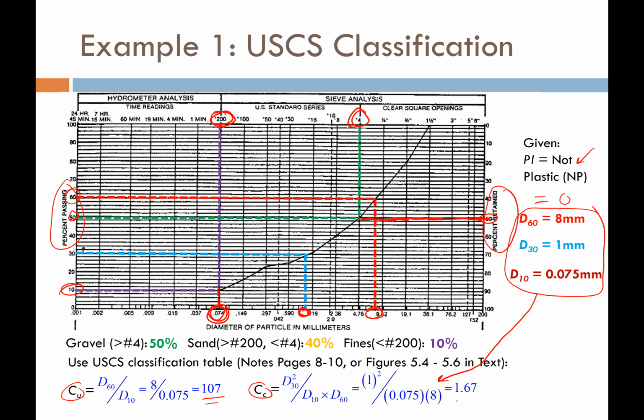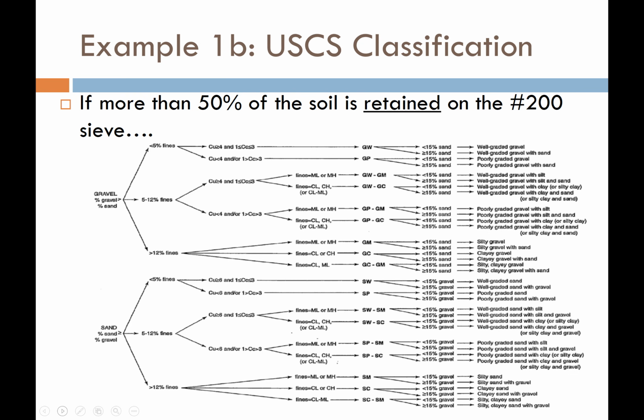So for the coefficient of gradation, I get 1.67. Okay, so coefficient of uniformity equals 107. Coefficient of gradation equals 1.67. My plasticity index is essentially 0. And I think that's all I need.